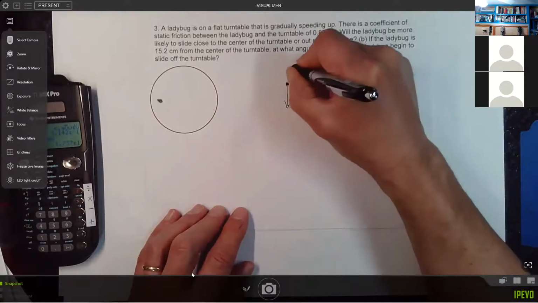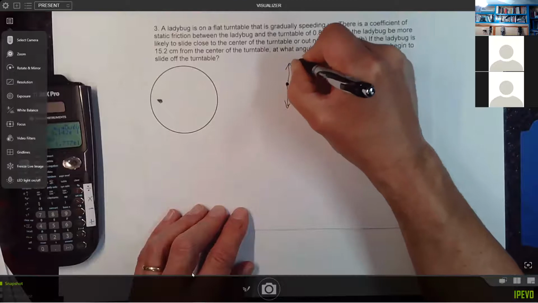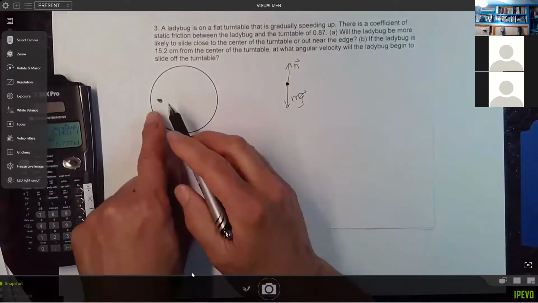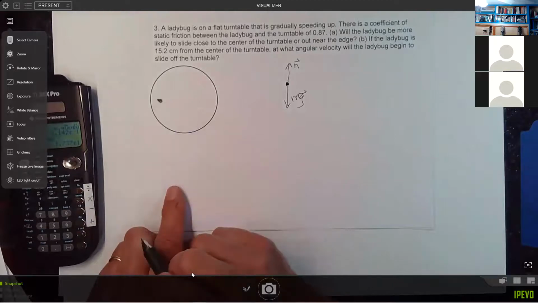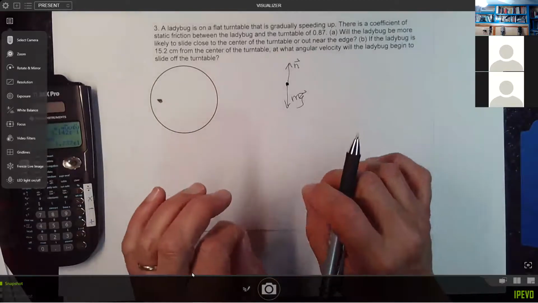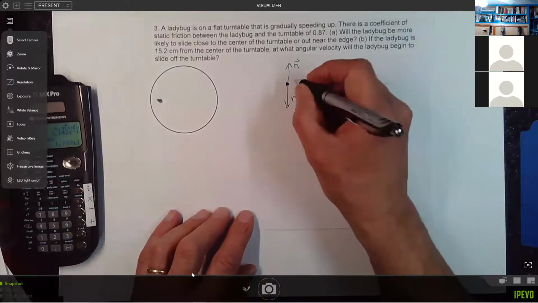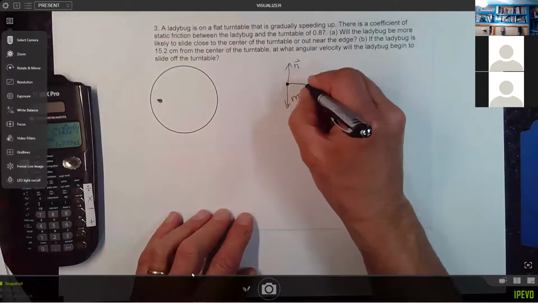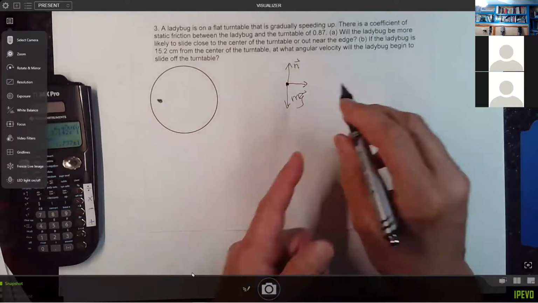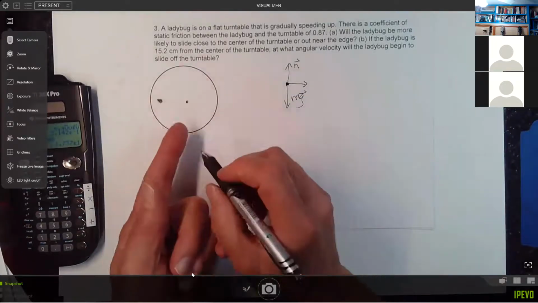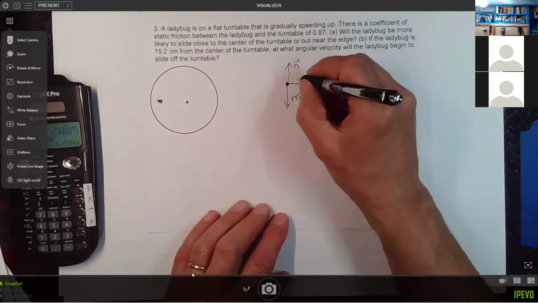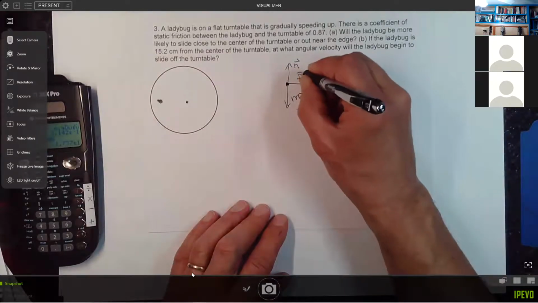Okay, we'll have the normal force up, and if the ladybug is going to slide, it'll slide to the outside, and the friction will oppose that sliding. It's going to have to be in toward the center of the merry-go-round, or turntable, and so this will have to be the direction of the frictional force.